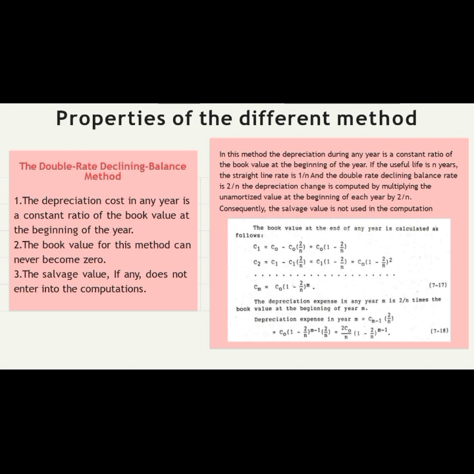So, yeah. Mao na siya ang gamiton if atong method na gamiton is the double rate declining balance method.